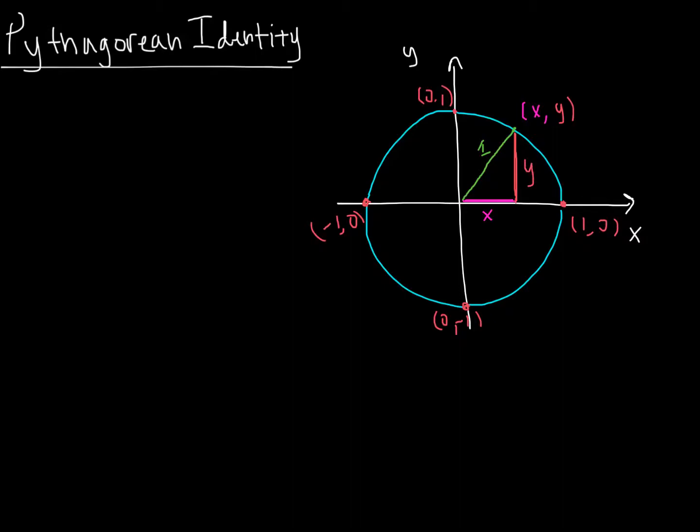Now I want you to pause the video. Let's remind ourselves this is a right triangle, and I want you to use the Pythagorean theorem and apply it to this triangle. If this triangle is a right triangle, which we set it up to be, what does the Pythagorean theorem tell us?